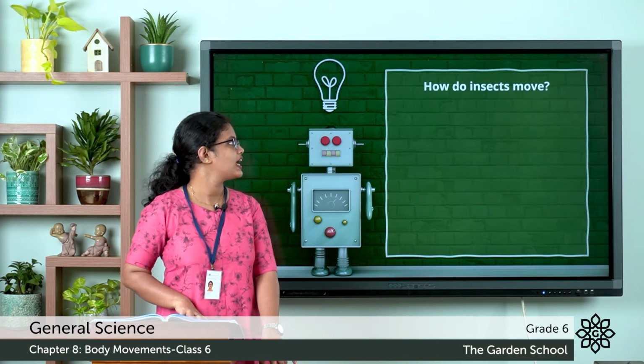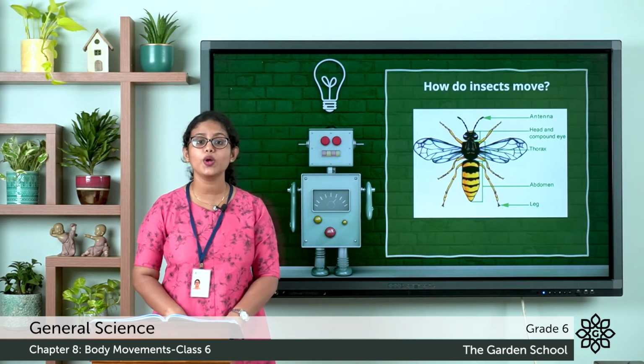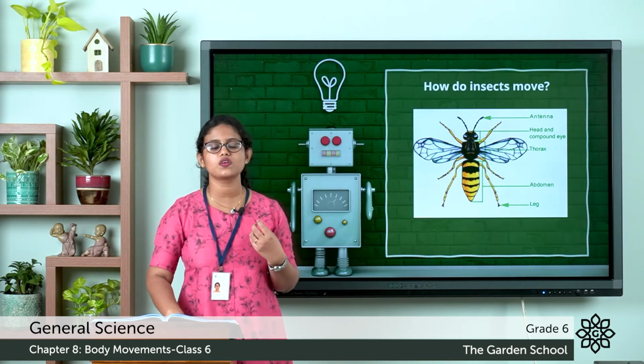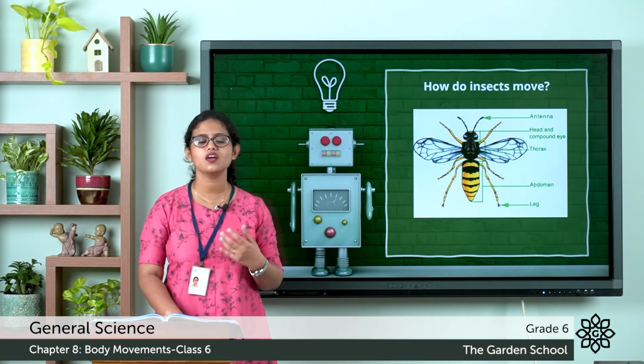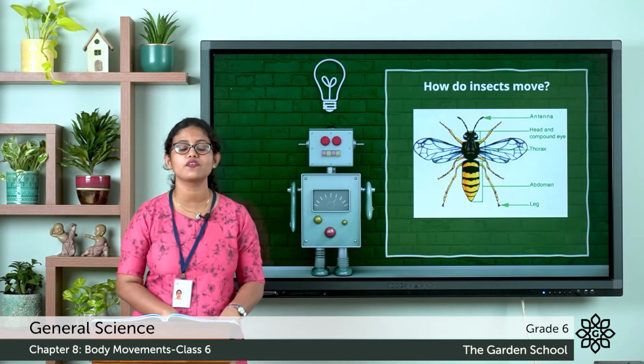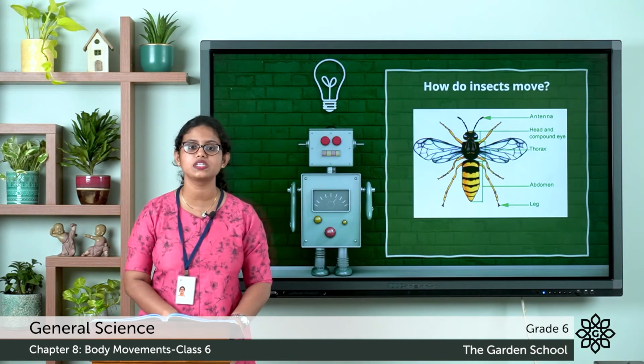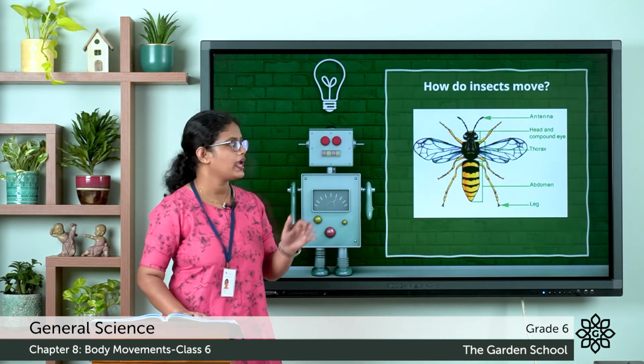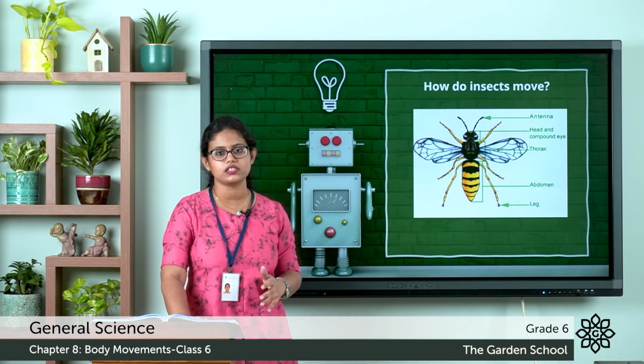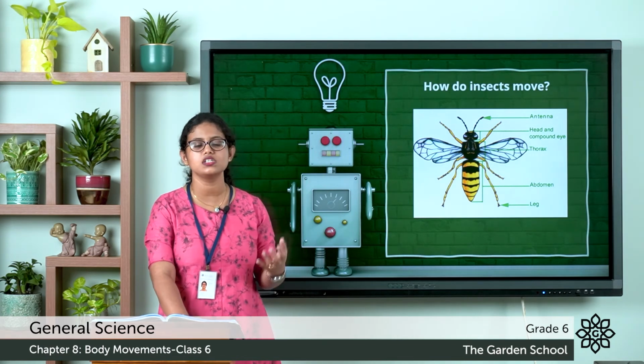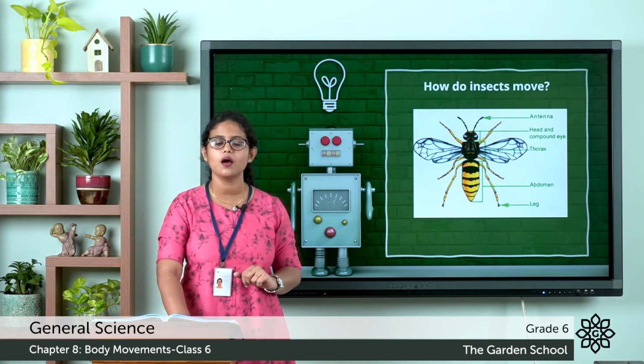The next is insects. How do insects move? Most of the insects can fly and walk. Insects have 6 legs that help them to walk. Insects have an exoskeleton, which means their skeleton is present outside their body.